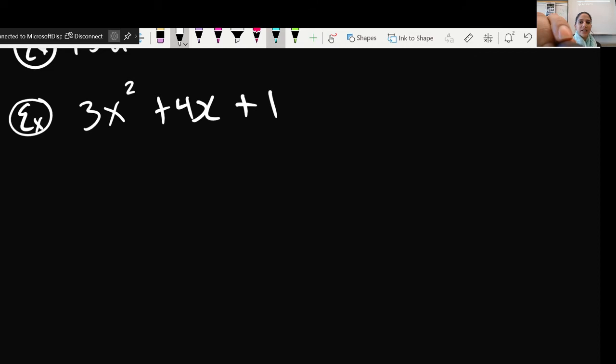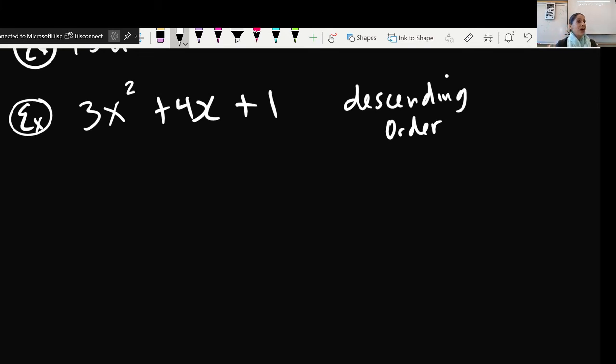We call that descending order. Everybody knows what the word descending means when it's going down. So descending order of the exponents. So you always start with the largest exponent and then go down. And this number that's at the end, notice how it doesn't have any variables on it.